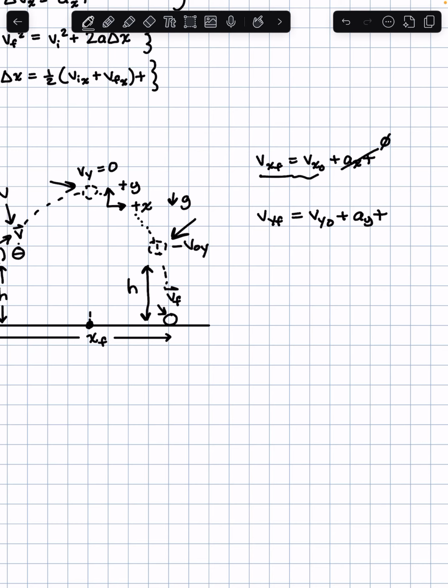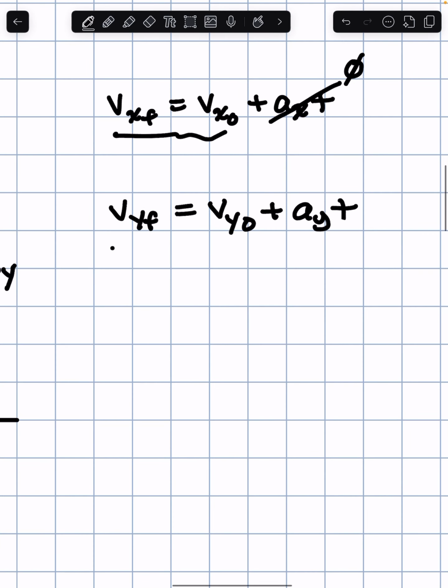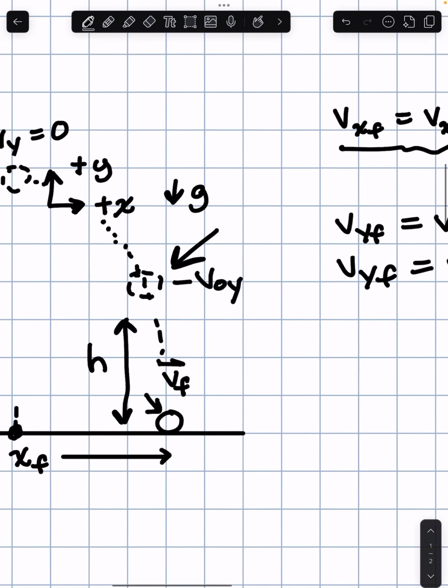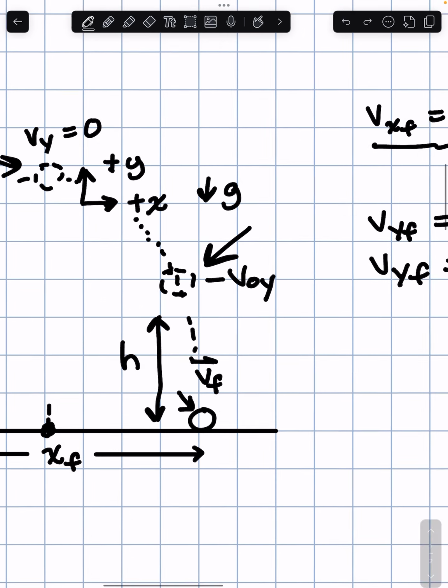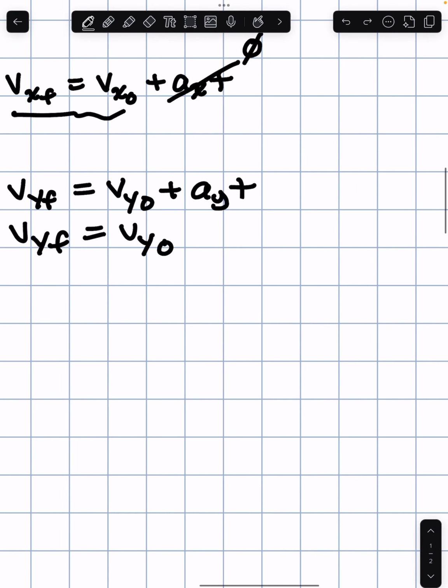Before we decide, let's plug in our known value for the acceleration, Vyf equals Vy naught. And let's remember that gravity is pointing in the opposite direction that we consider positive. What this means is that our acceleration has to be negative. So we write minus gt.